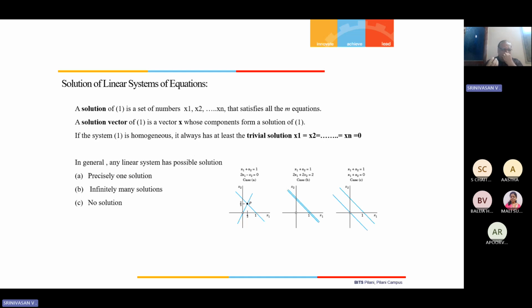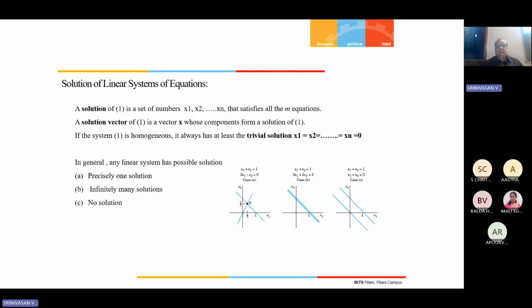Ordinarily, looking at it in a geometrical way, here you have an equation. If you take the first graph, you are plotting the equations x1 plus x2 equal to 1 and 2x1 minus x2 equal to 0. If you solve this, x2 and minus x2 get cancelled.